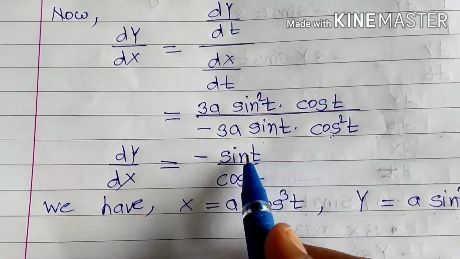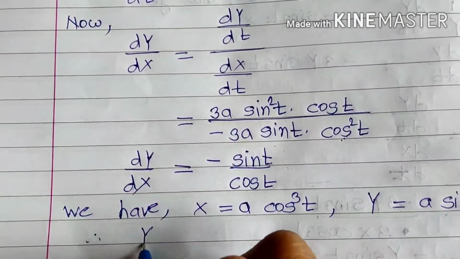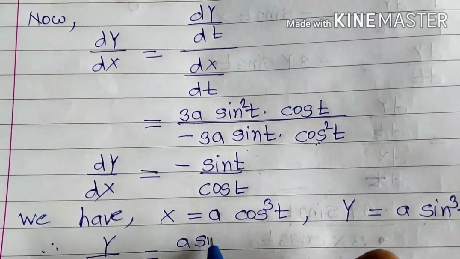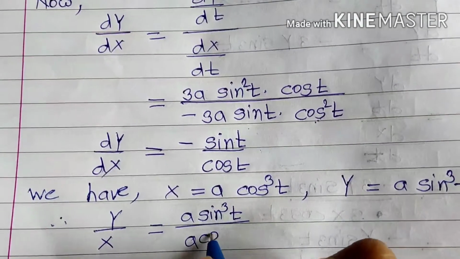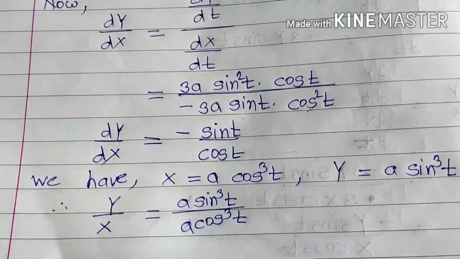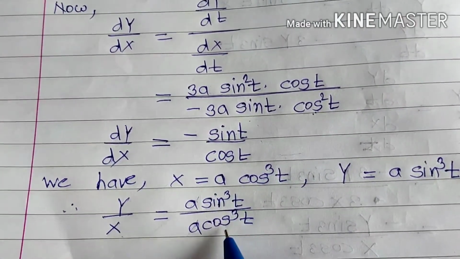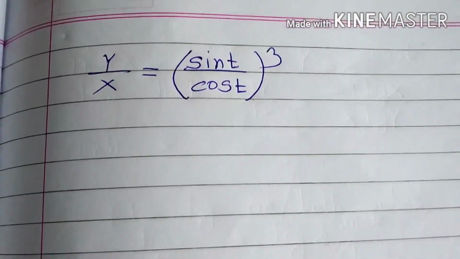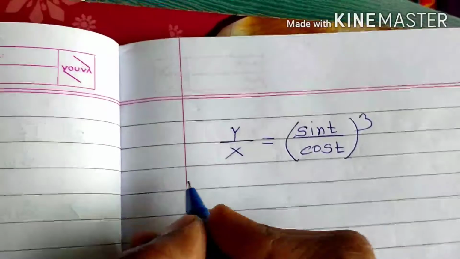Here we can see sin t upon cos t. That's why take y upon x. We get a sin cube t upon a cos cube t. A gets cancelled. So we get y upon x is sin cube t upon cos cube t. Take it in one bracket. So this is y upon x is sin t upon cos t raised to 3.